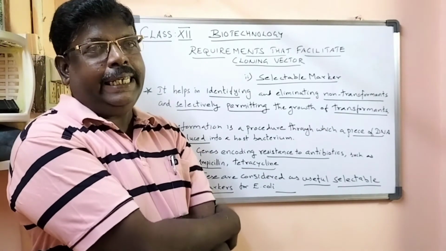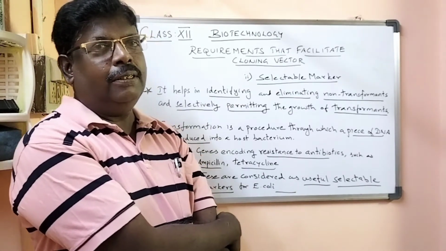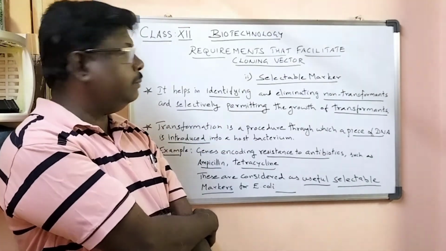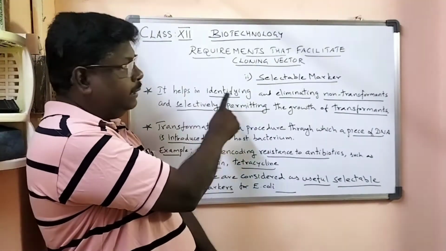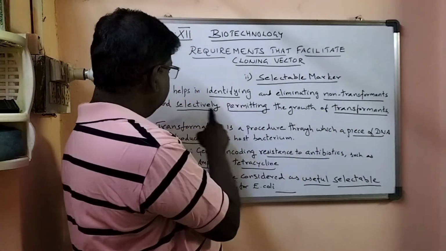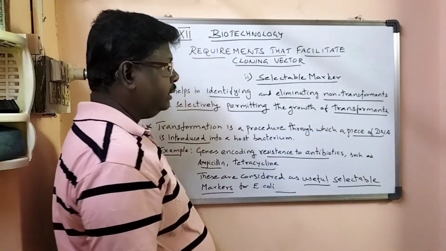Now we'll see the second requirement, the selectable marker. It helps in identifying and eliminating non-transformants and selectively permitting the growth of transformants.